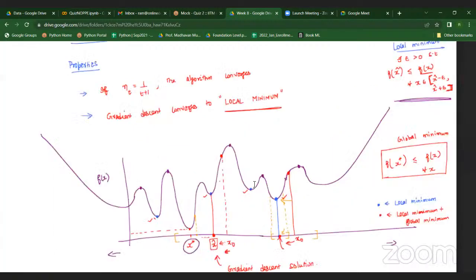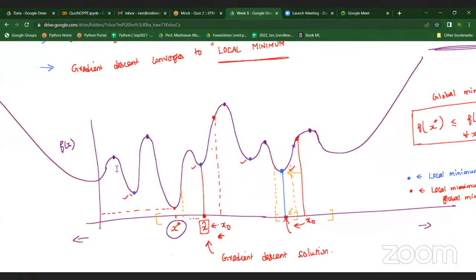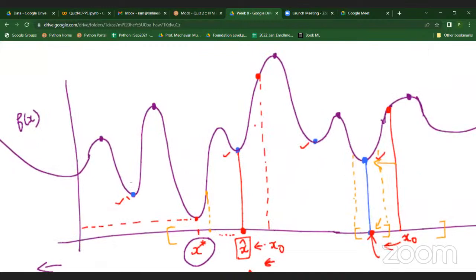For example, if you look at the graph here, we have the local minimum within this small region. This blue color point is a minimum. Suppose you start somewhere around here, to the left of this blue color point, you'll end up at the blue colored point. But if you look at the overall graph of this function, this red colored point here is the global minimum.